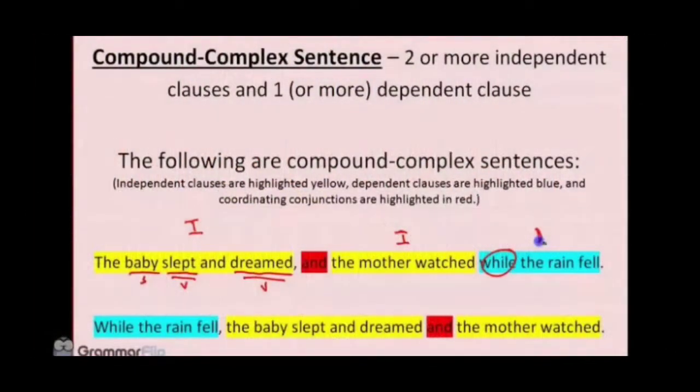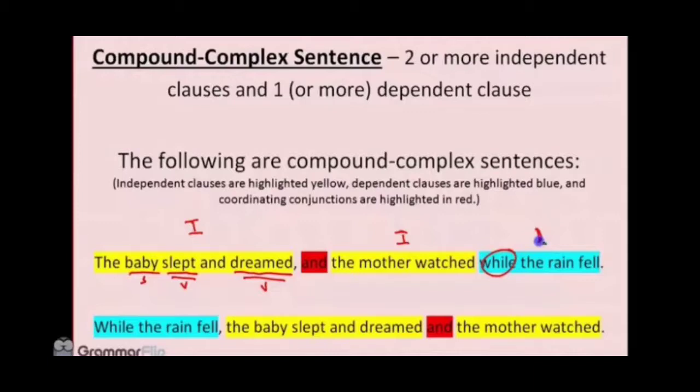Children, as I have already told you, there are 4 types of sentences. Already we have discussed simple sentence, compound sentence and complex sentence. At last, we are going to see the last sentence type, that is compound complex sentence.